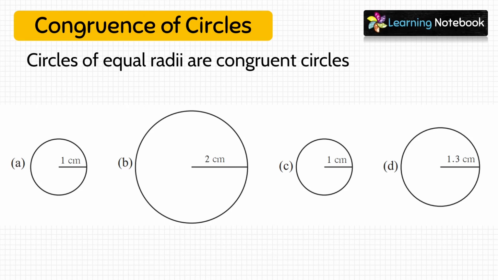So if we place one circle over another, then only circle A will coincide exactly with circle C. This means these two circles are congruent circles because they both have a radius of 1 centimeter. So students, remember that circles of equal radii are congruent circles.